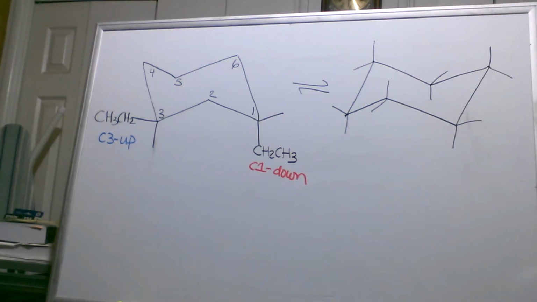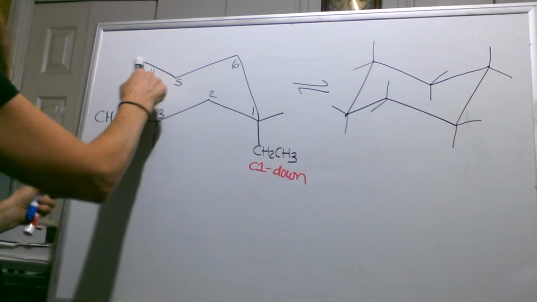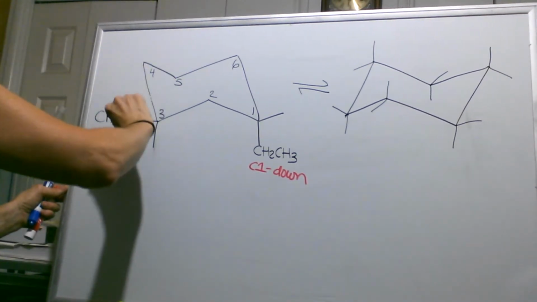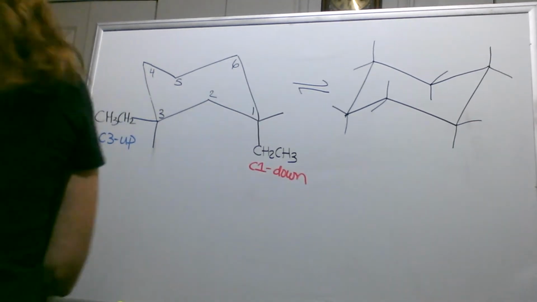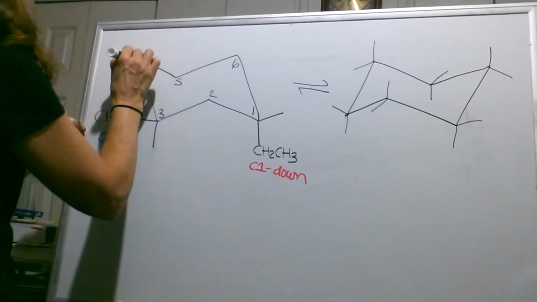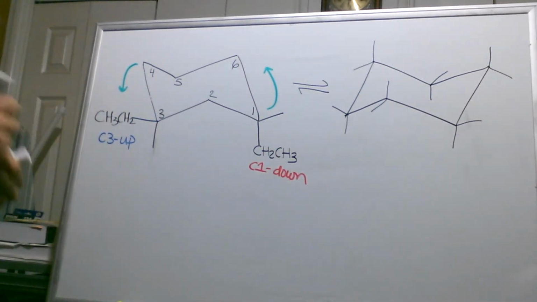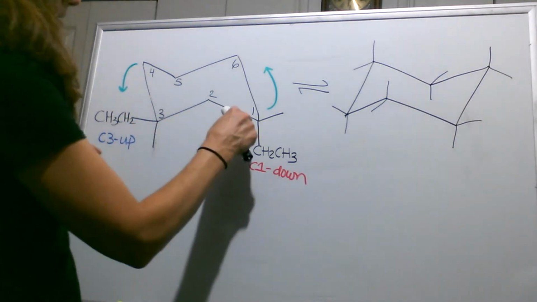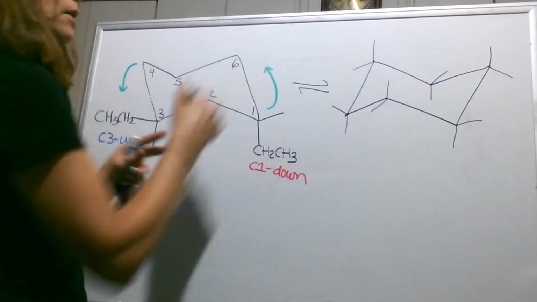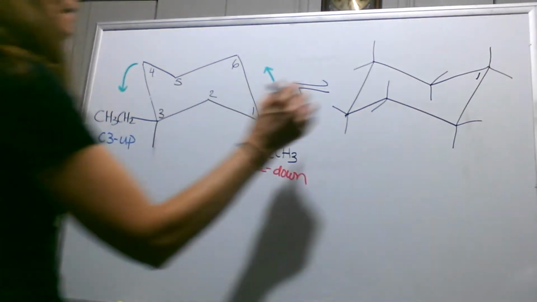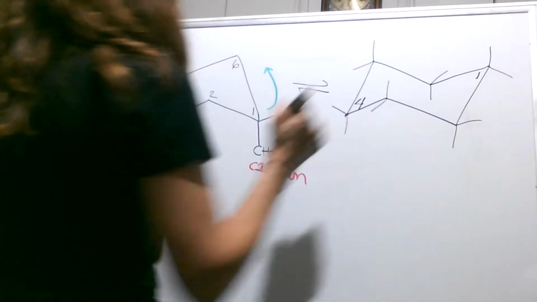The next thing that we need to recognize is what is happening with this direction of ring flip. In this case, carbon 4 pulls down and carbon 1 pulls up. So those carbons are moving in those directions, and so what that means is carbon 1 ends up here and carbon 4 ends up down here.